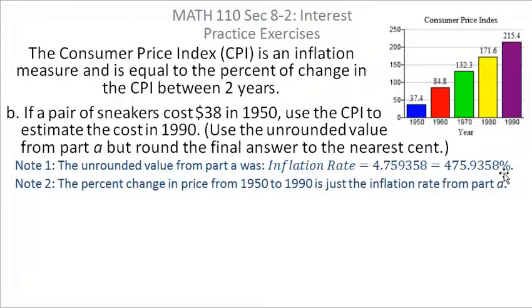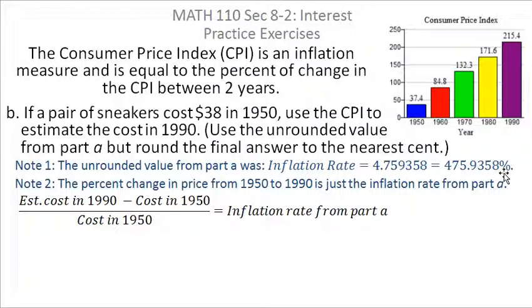The second thing I would mention is the percent change in price from 1950 to 1990 is just that inflation rate from part A. So they asked us to calculate the inflation rate in part A so that we could use it in part B. What they're saying is the percent change is the inflation rate, and when we're using the calculation, we want to use the decimal value of it. That unrounded value is going to go there.